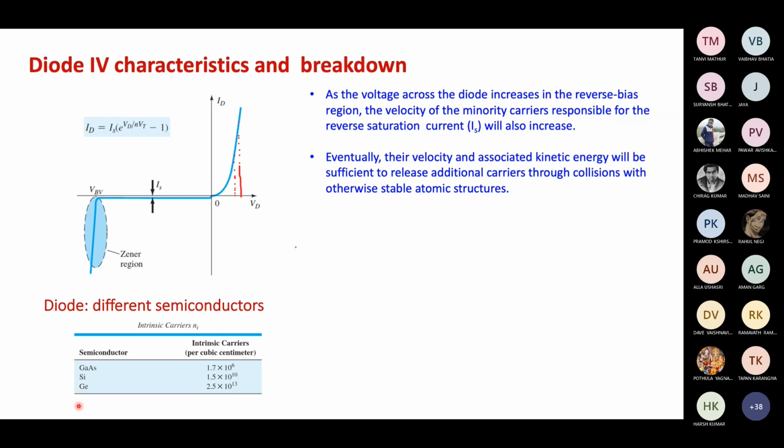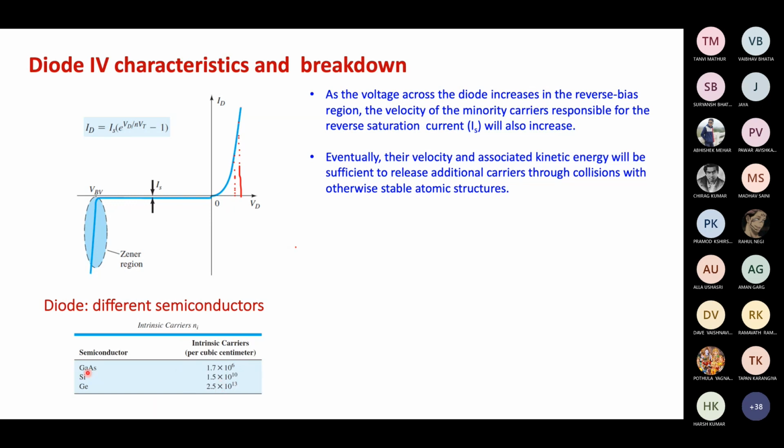I told you that these three semiconductors are popular: silicon, germanium, and gallium arsenide. The difference in these semiconductors is the band gap. Their band gaps are different, and as a result, the intrinsic carrier concentration, which means the free electrons and holes, is also different.